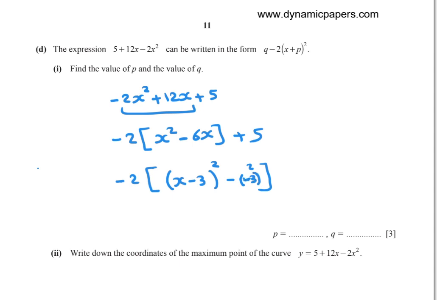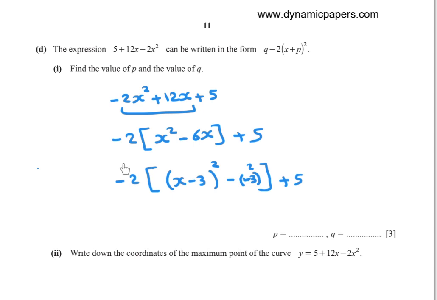But take care, this value is always negative. You cannot say negative and negative is positive, because negative 3 all squared will be 9, but we have negative 9. So this expression will be always negative. Now plus 5.